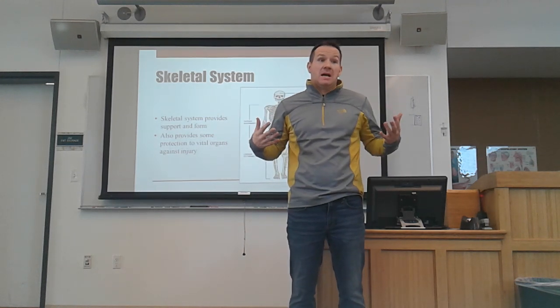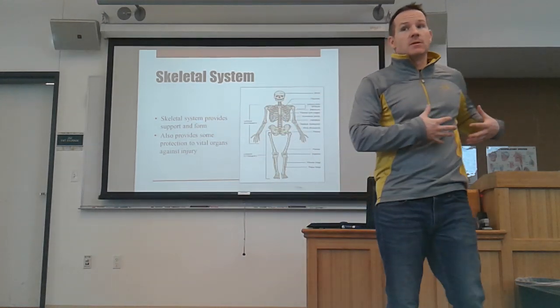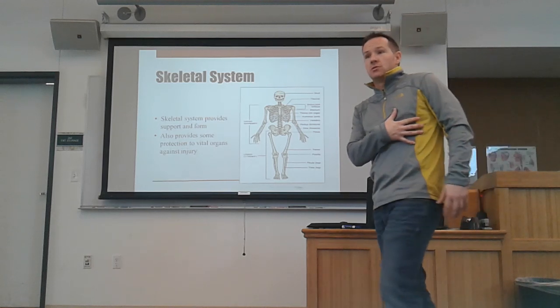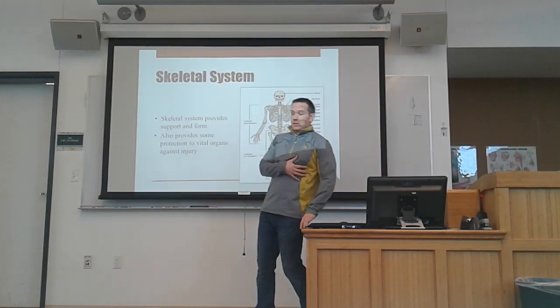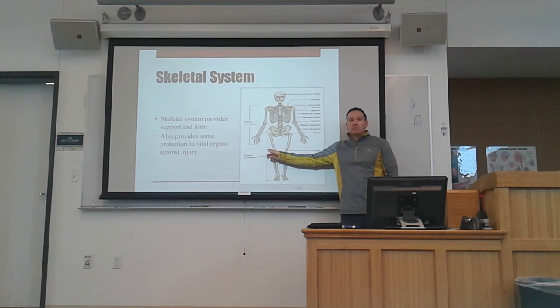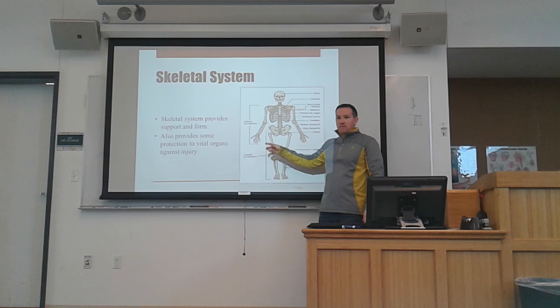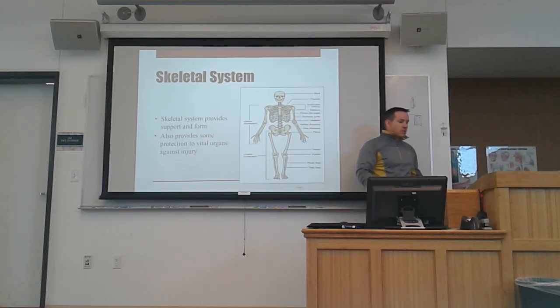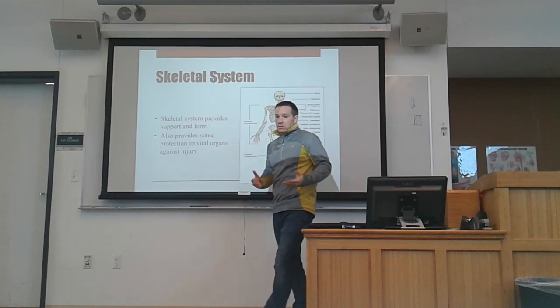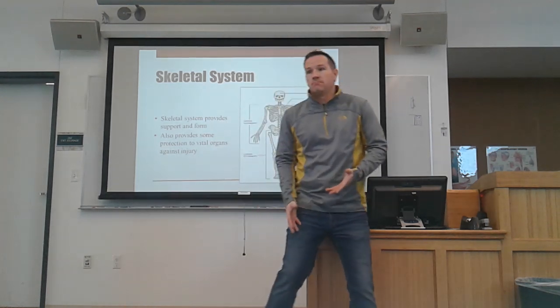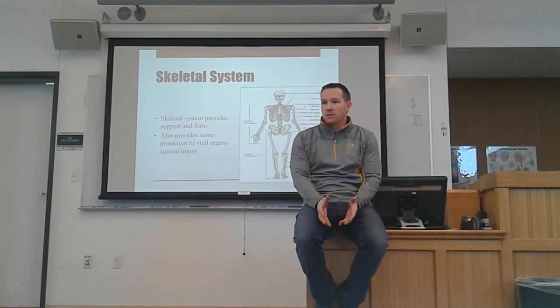Flail segments are kind of a decent thing to happen because you have a multitude of ribs that have now taken the brunt of the impact, versus if somebody takes a shot right here to the mid femur. What bone takes the force? The femur. The femur takes all of it, right? And so that's why we have the bigger bone, because it's the big bone and it has nothing else to help support it.